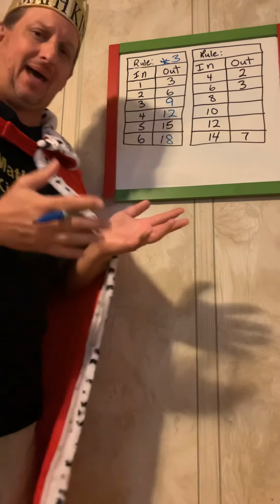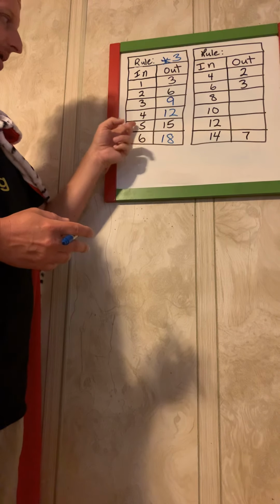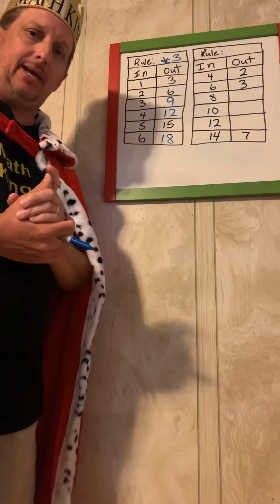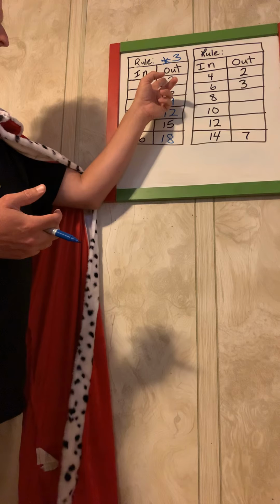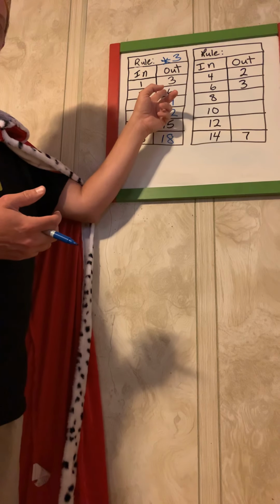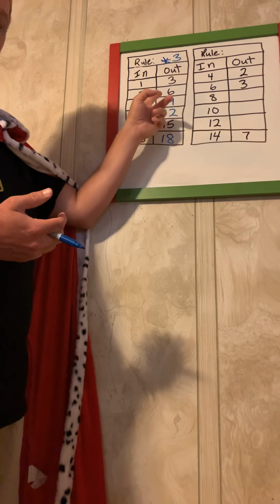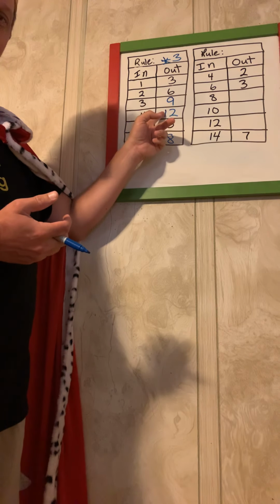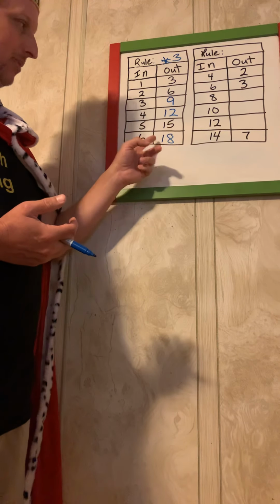Now I said I had a pattern on the inside before. 1, 2, 3, 4, 5, 6, counting by ones. Do I have a pattern on the outside? Let's see. 3 plus 3 makes 6. 6 plus 3 makes 9. 9 plus 3 makes 12. 12 plus 3 makes 15, and 15 plus 3 equals 18.